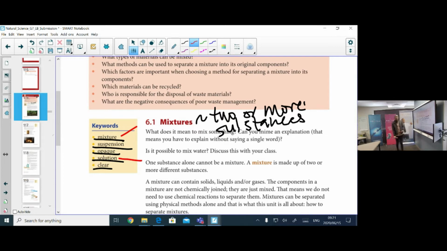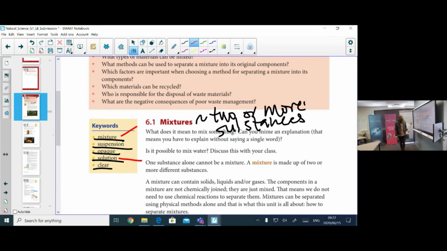When we're talking about opaque and clear, what are we talking about? When we say something is opaque, we mean that upon looking at the substance, it is not easy to see through it. When a substance is difficult to see through, we say it is opaque.